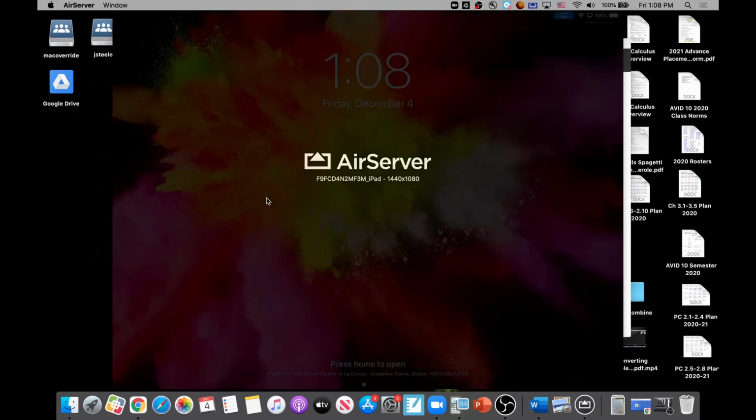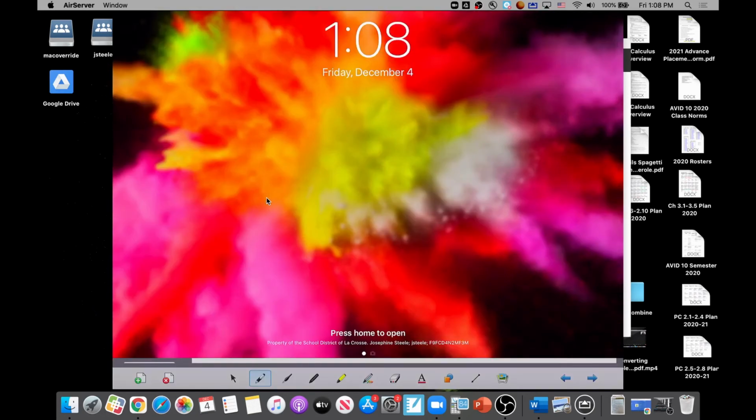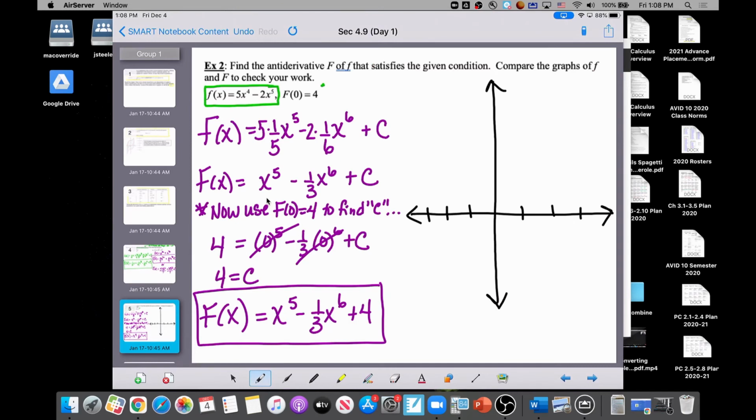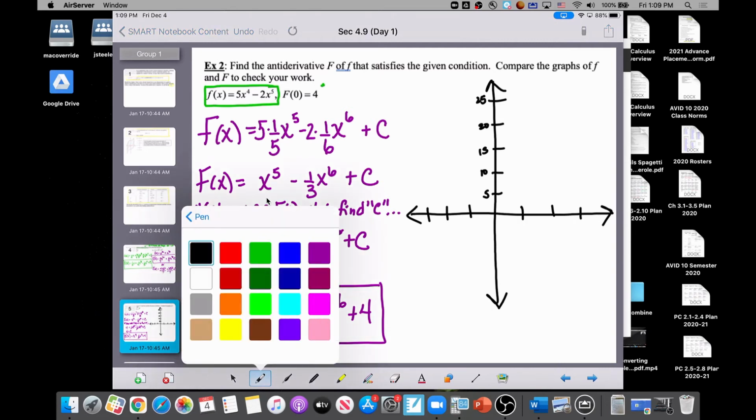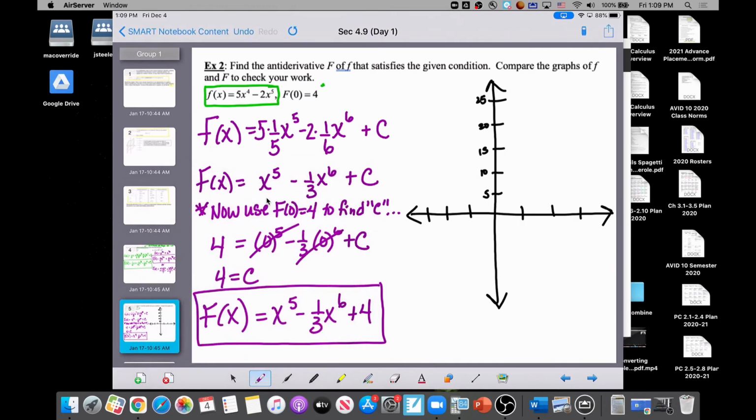So now let's go back to our paper and sketch what this looked like. And these are by 5s. So my capital F of x, and again, this is a loose drawing here, something like this.